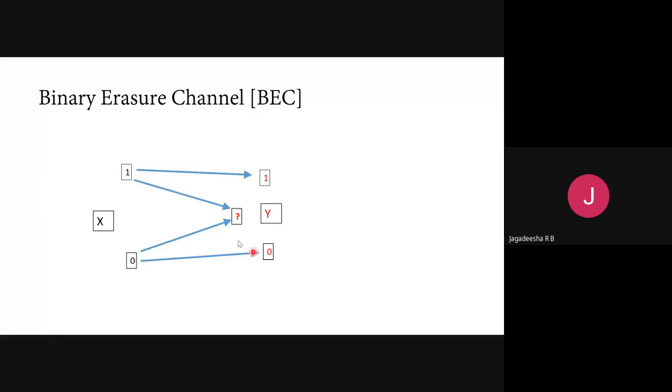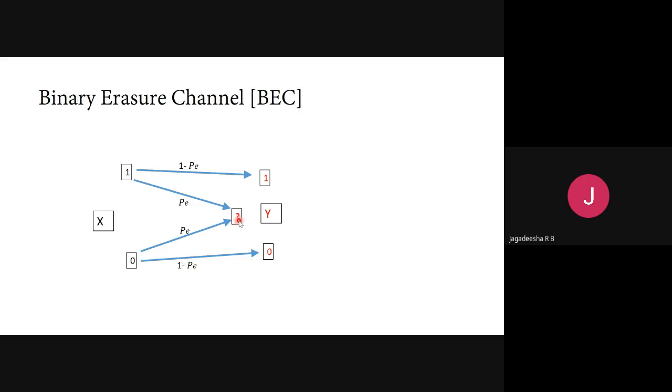When we transmit 1 through this channel, indicated by blue lines, the 1 which is transmitted may appear at the output, which is Y, as 1 itself with certain probability, 1 minus PE. Or the transmitted 1 may reach the output as a question mark.